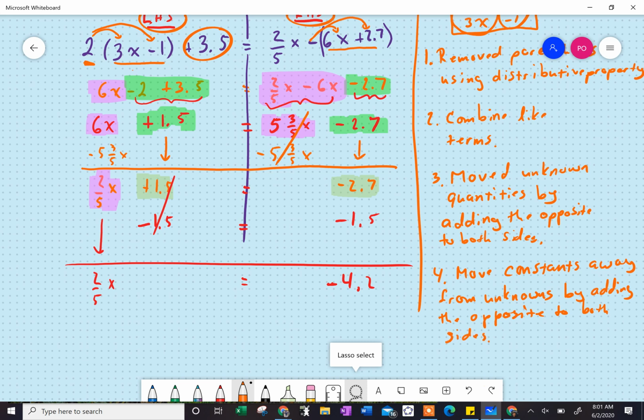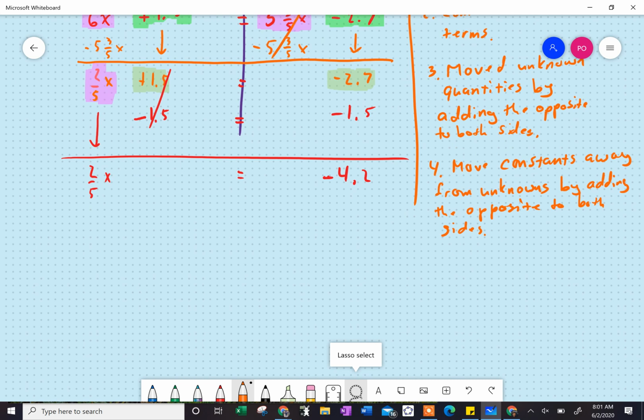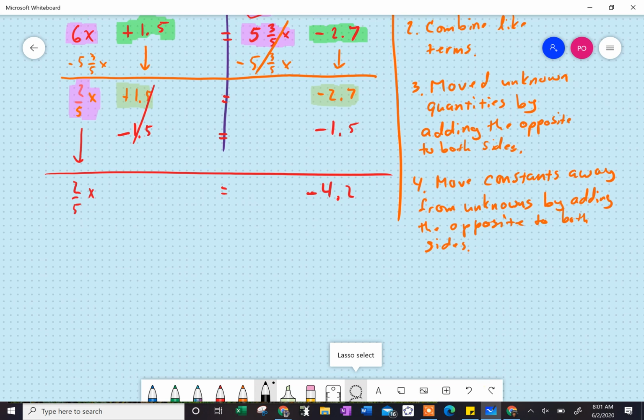All right, we are almost there. Now, I have a host of strategies for dealing with a fractional coefficient. You may want to just divide by 2/5, and that's certainly possible.